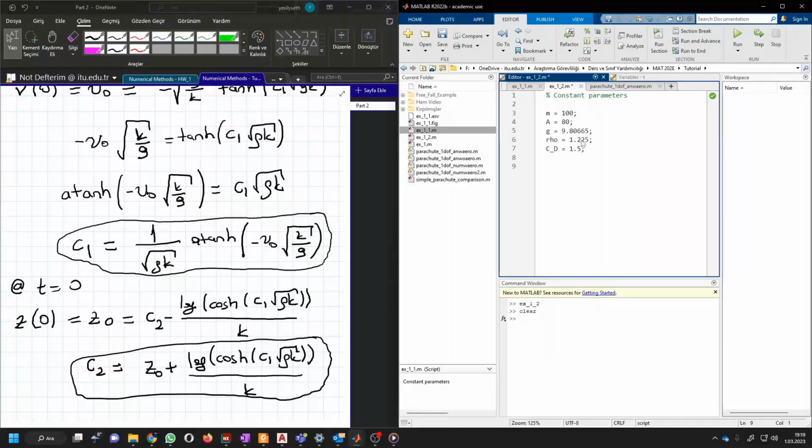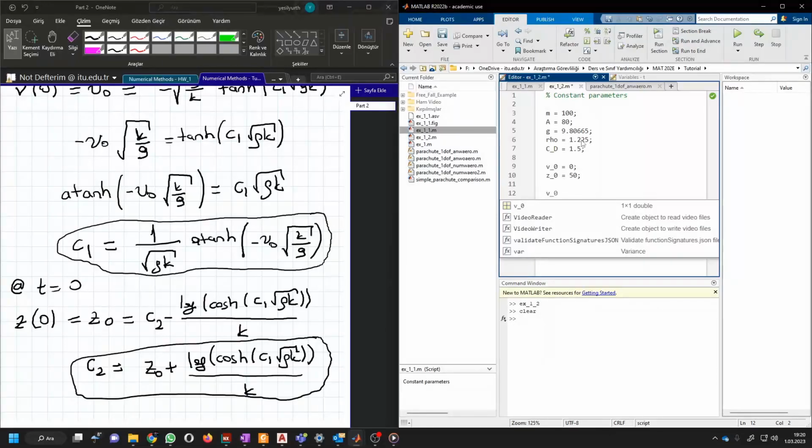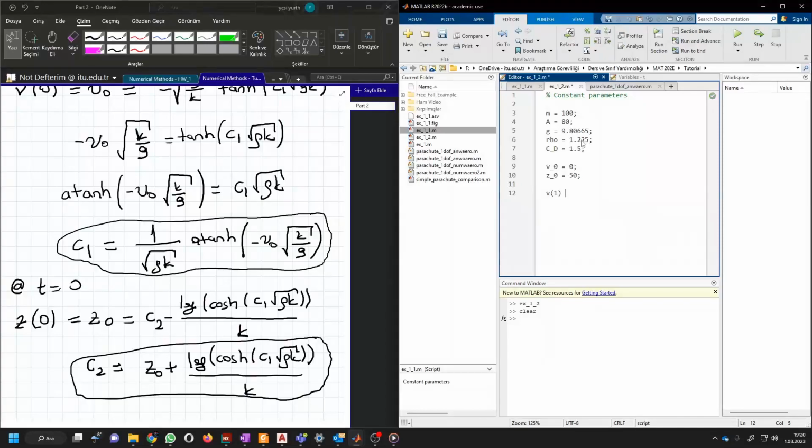So my initial conditions are the same. V0 will be equal to 0, Z0 will be equal to 50 meters. I want to initialize my state variable arrays.